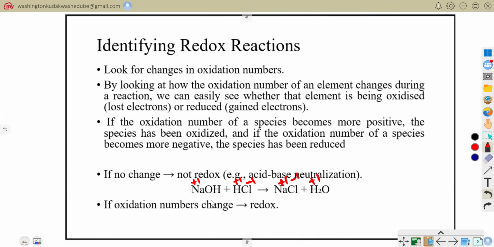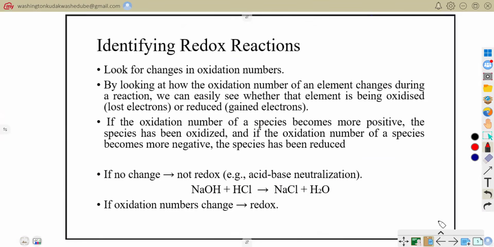The hydroxide ions have -1, and when they come here, they also have OH minus. So there is no change in the oxidation state. Once there is no change in the oxidation number, we say that it's not a redox reaction. Redox reactions occur only when the oxidation numbers change.